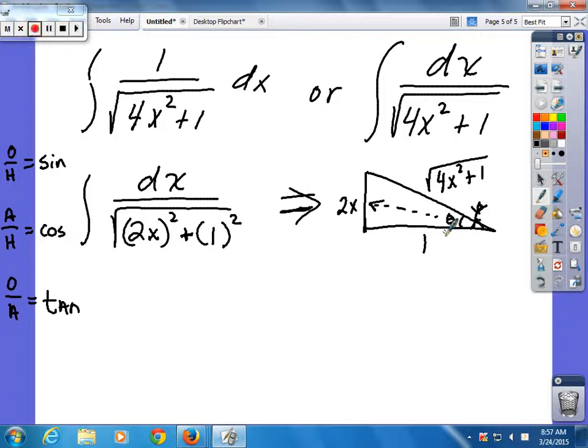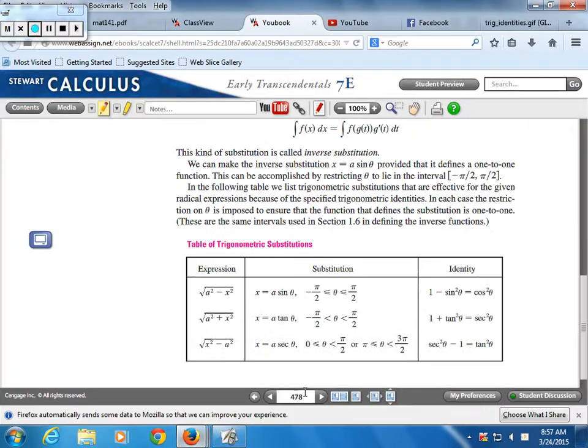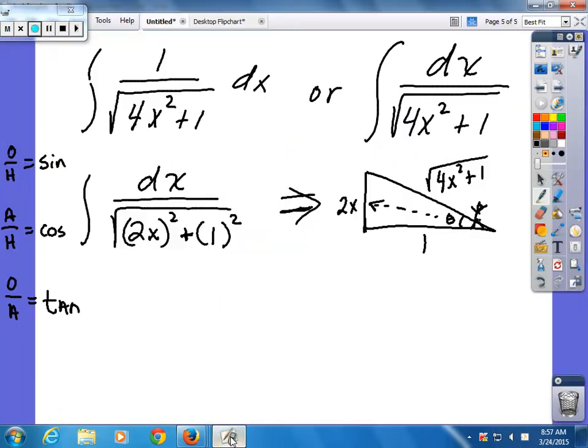So that's how we put the 2x over 1. Because this right here is telling you that x is equal to a tan of theta, by your rule.